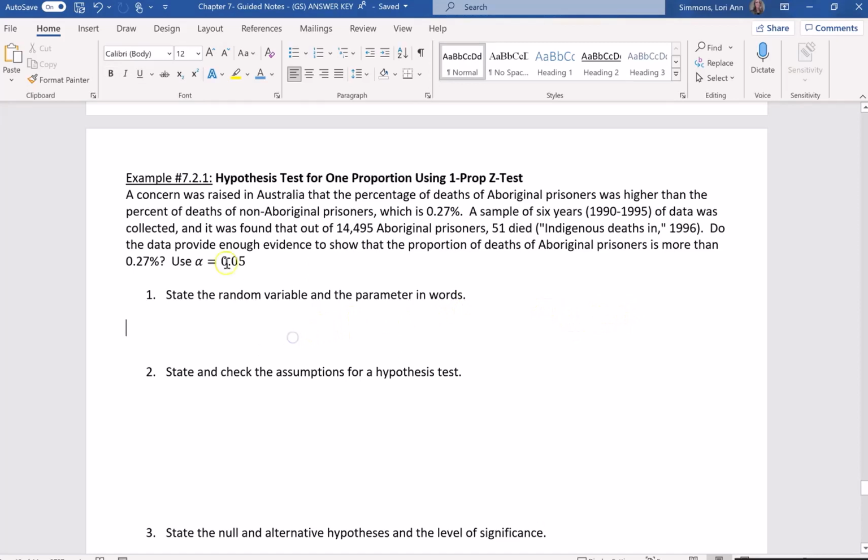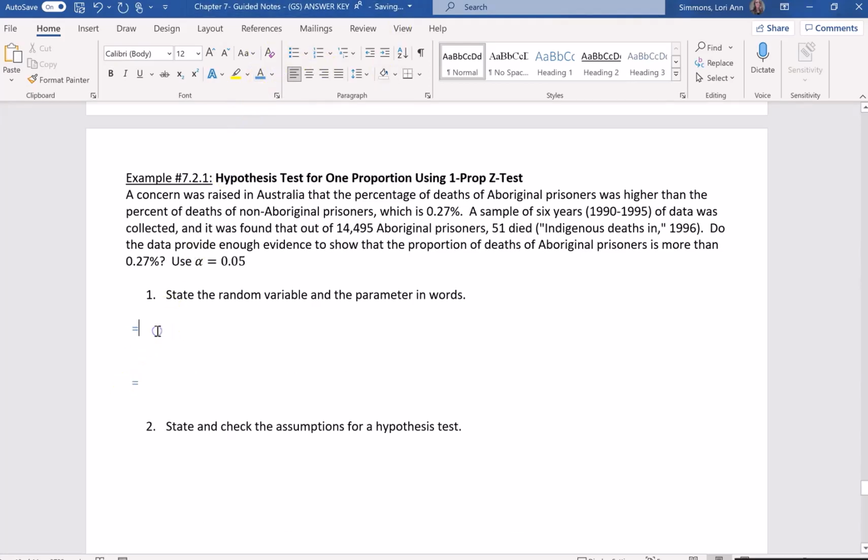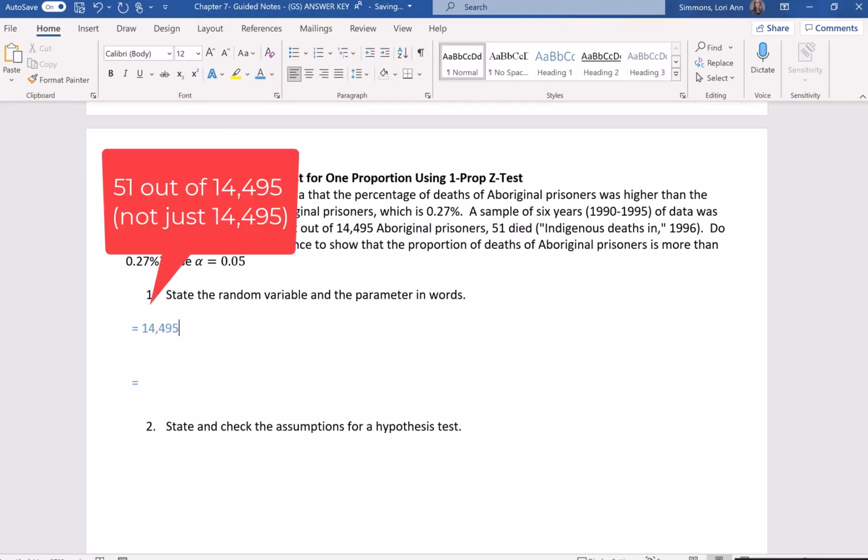Okay, let's first start with our random variables. So P hat is the 14,495 Aboriginal prisoners who die. And then P is the population parameter for proportion.